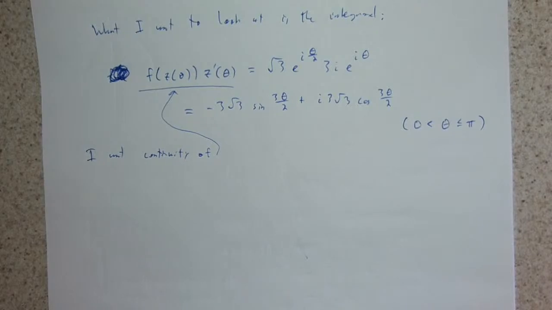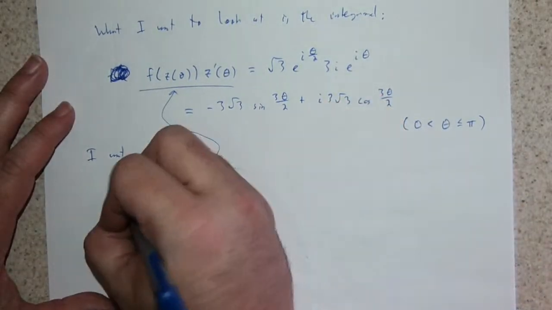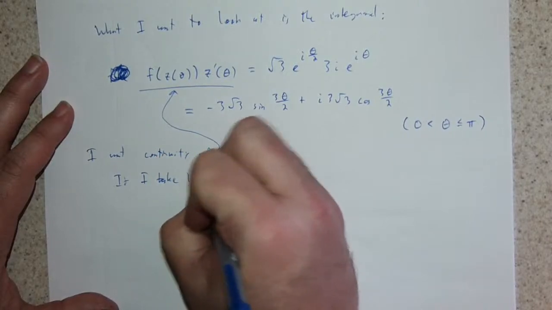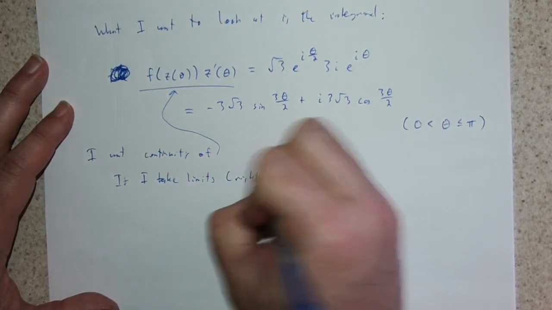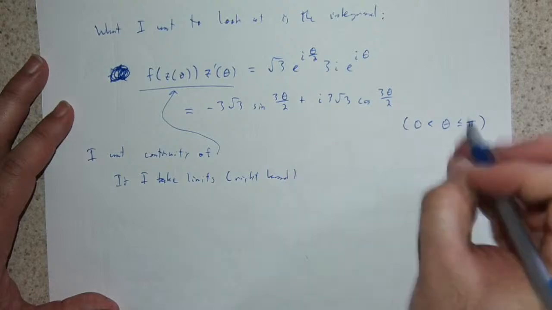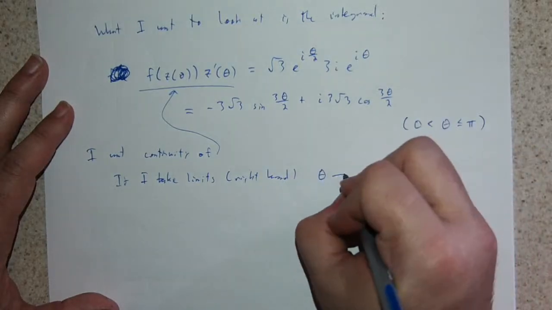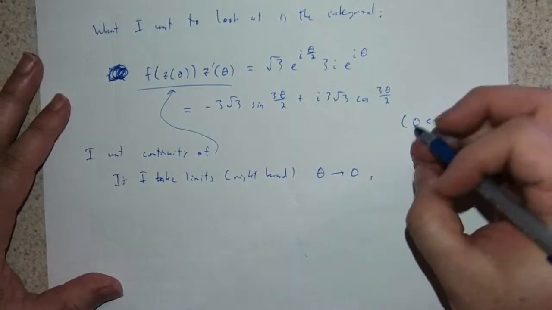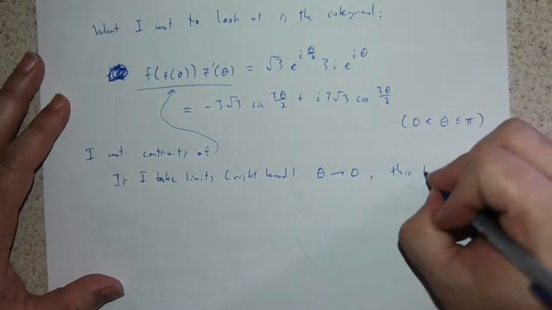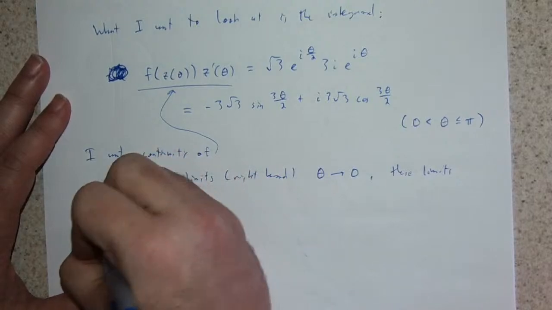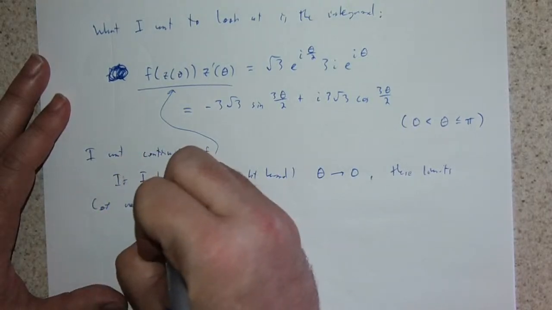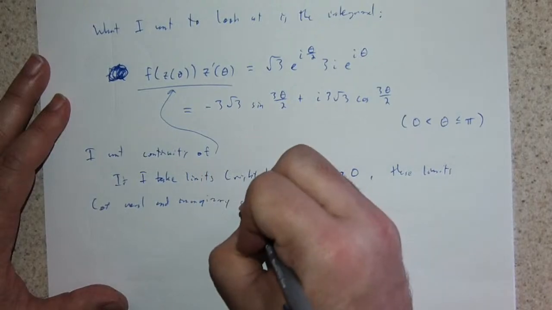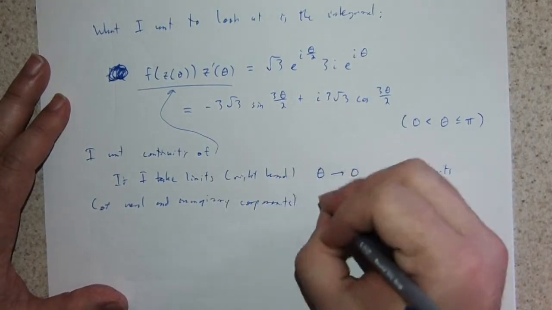I can show first of all, if I take limits, these are right hand limits, as theta approaches 0, these limits of real and imaginary component exist.